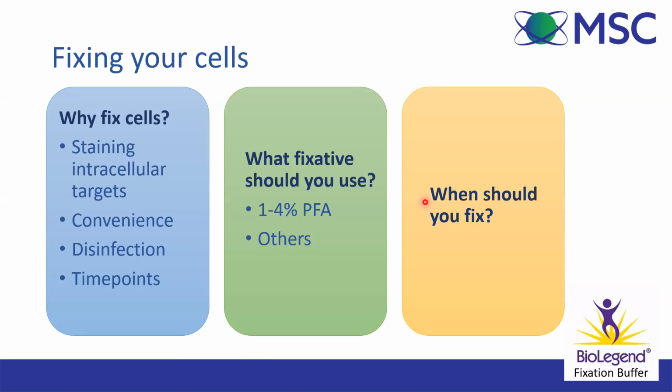This is so that the phosphorylation state of that protein you're interested in doesn't change in the time that you're staining your extracellular markers. However, if you're looking at a cell surface marker whose epitope is changed by the fixation, you might want to stain first so that you aren't missing any of the marker that you're interested in.